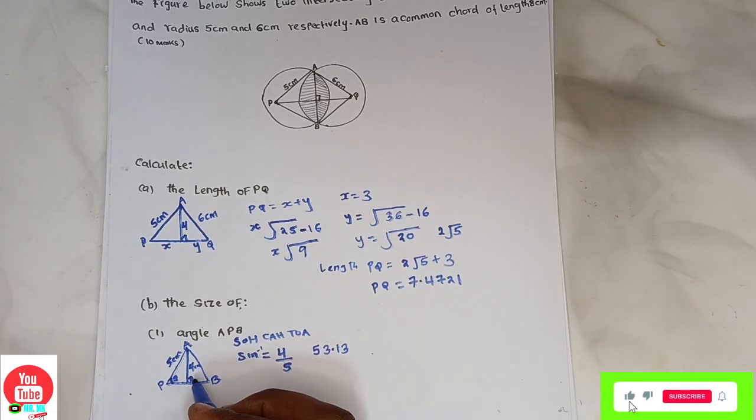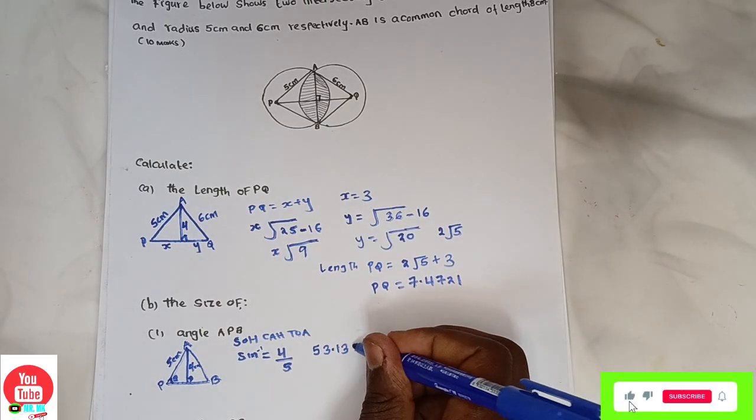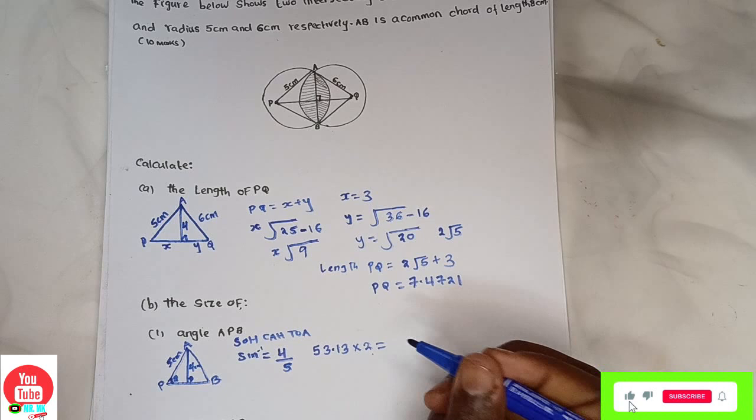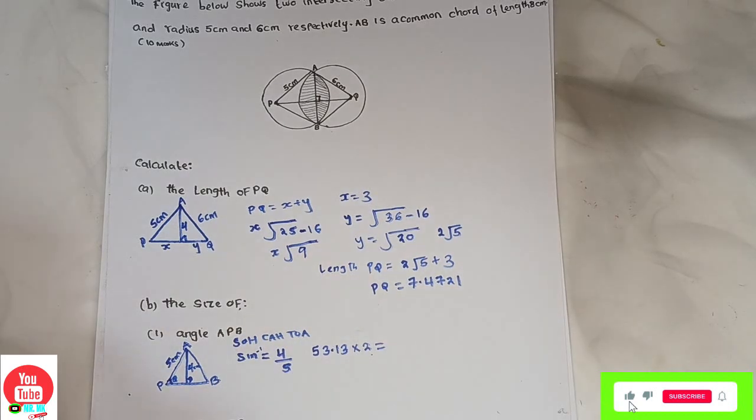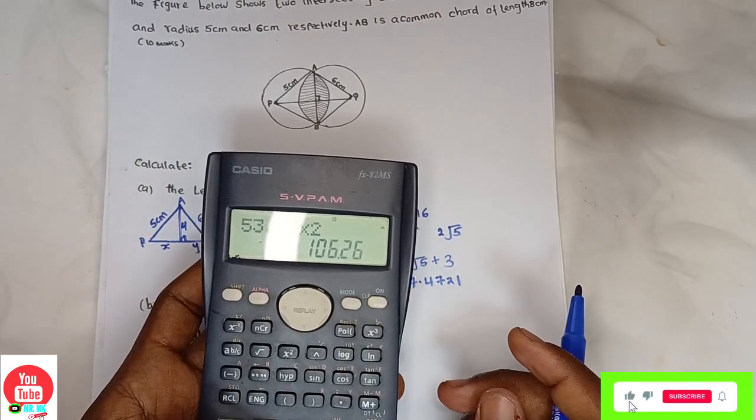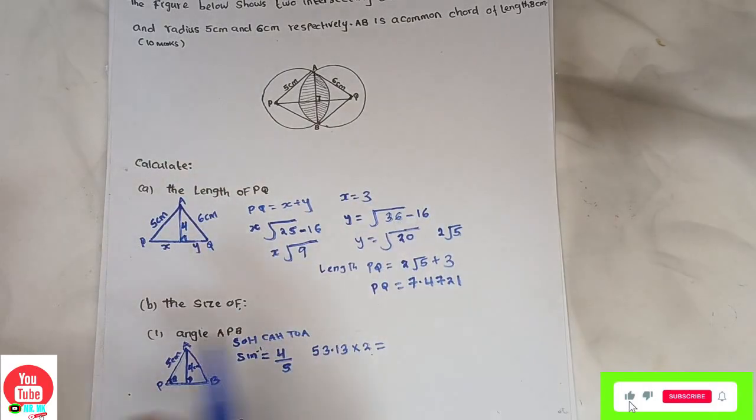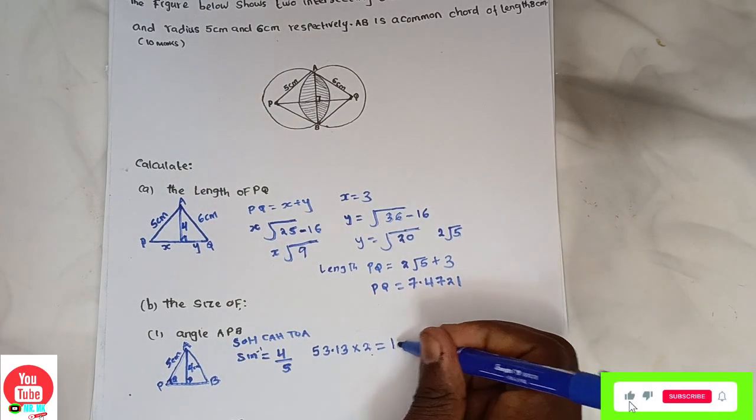Now we have 2 triangles here. You multiply by 2, 53.13 multiplied by 2, which will be 106.26.